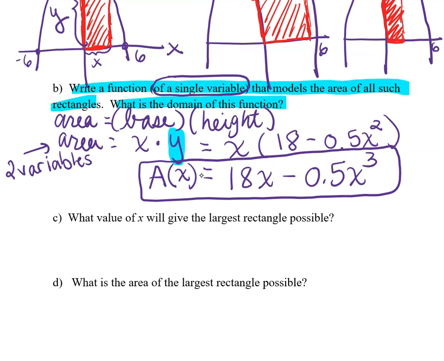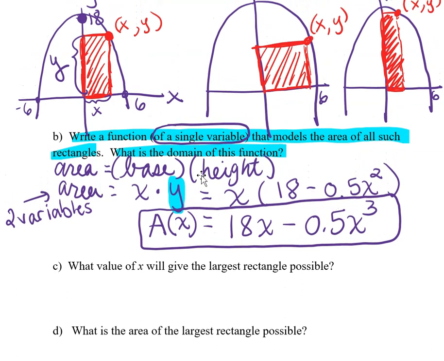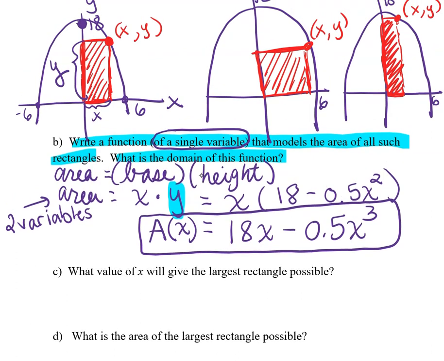This part also asks us to determine the domain of the function. So we definitely want to think of the domain in the context of this problem. And if we look at our rectangles here in part A, we'll notice that our base needs to be, first of all, a positive length. And we could technically make our rectangle long this way, right?